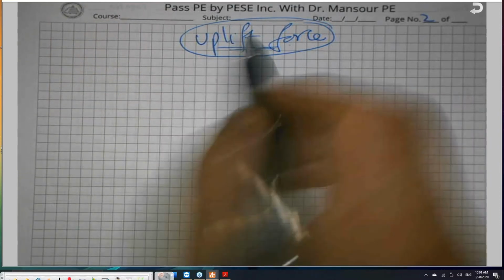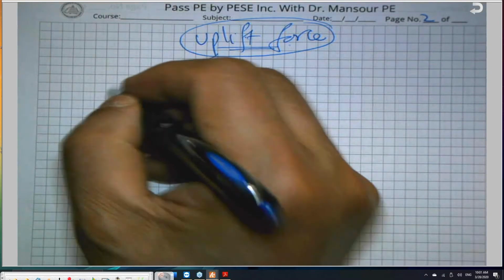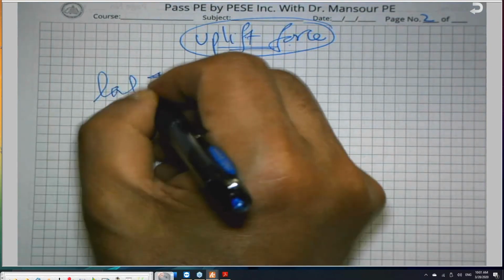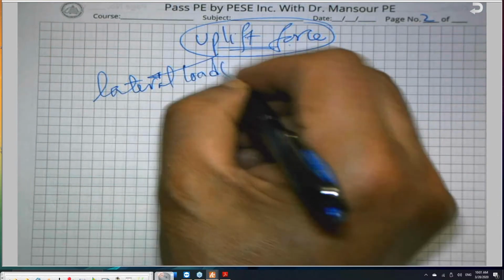They have an uplift force. Uplift force can be generated due to lateral load or loads.